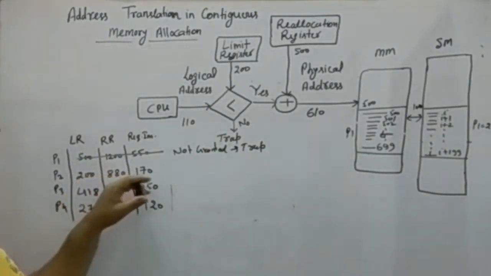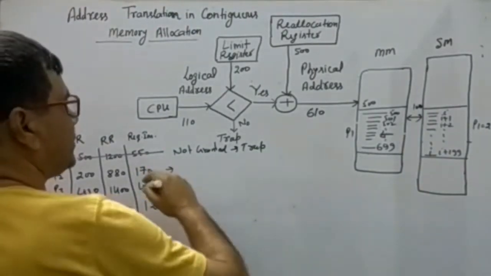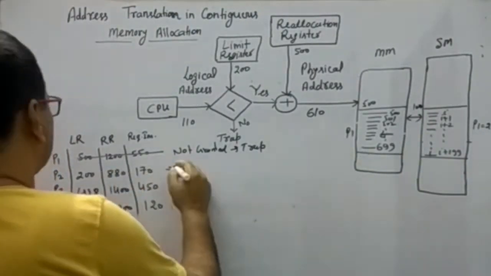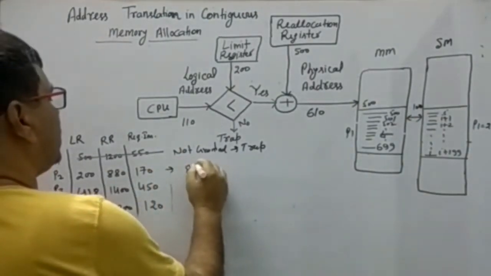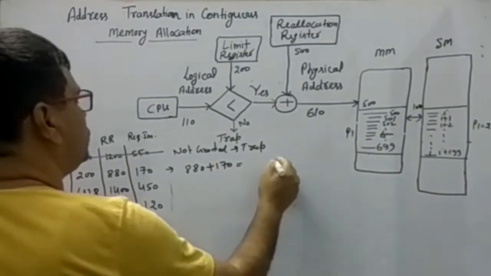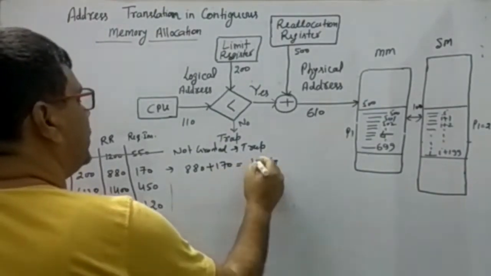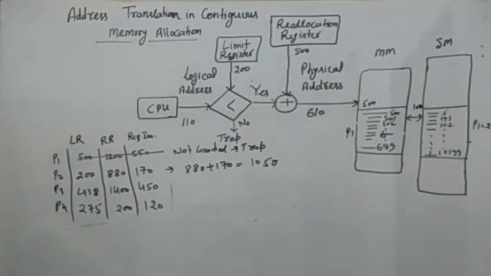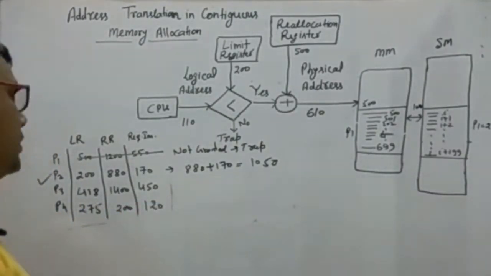That means the instruction will be mapped and its translated physical address will be 880 plus 170, that is equal to 1050. So this instruction of process P2 will be executed, that is, translated.